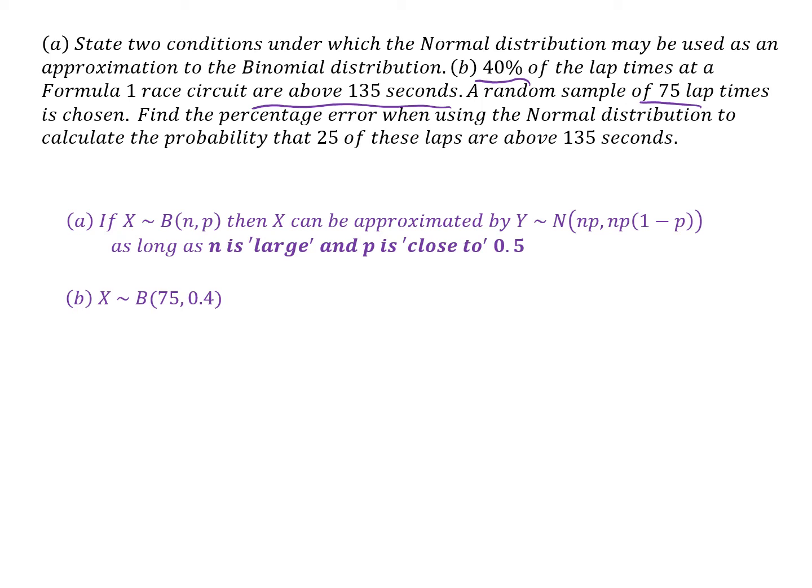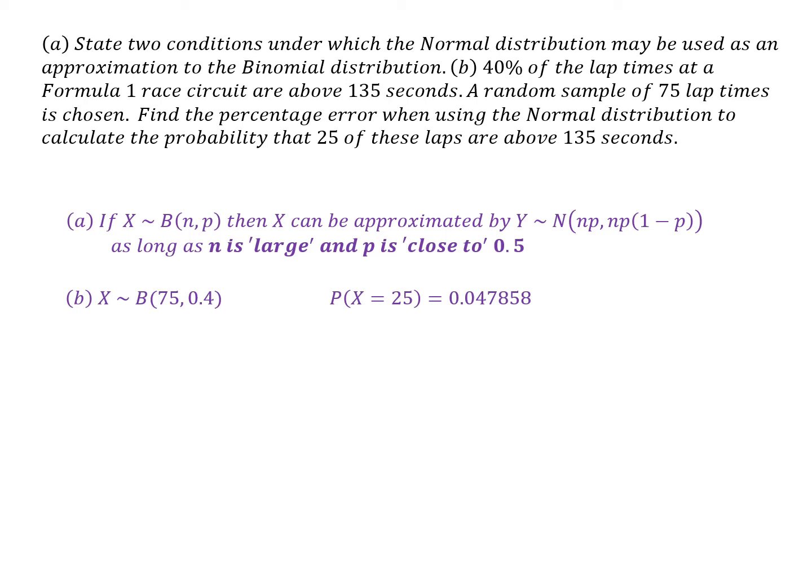So we're looking at the binomial distribution of 75, 0.4, and we're trying to find the probability that exactly 25 of those laps are classified as success, i.e. being above the 135 seconds.